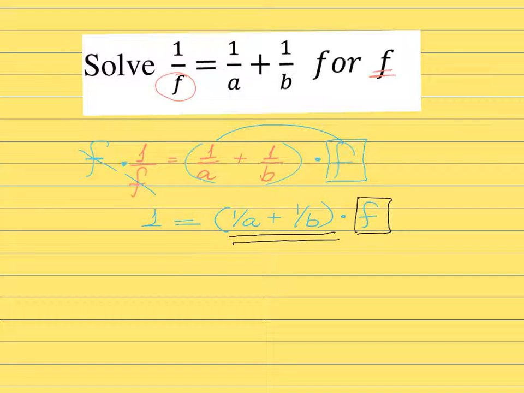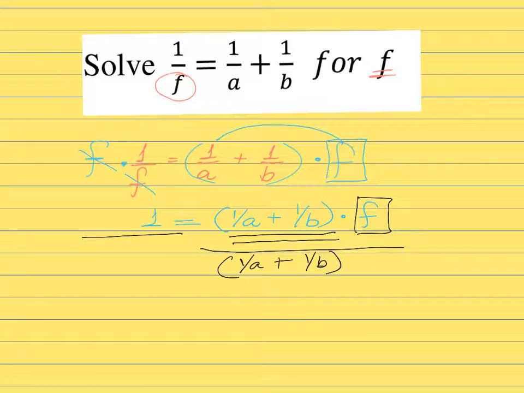This whole expression that you have over here. That whole expression is multiplying the F. What is the opposite operation? Division. But whatever you do in one side of the equation, you have to do the same on the other. See? They cancel. And I'm going to rewrite this.